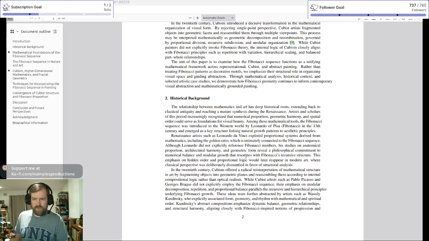In the 20th century, Cubism offered a radical reinterpretation of mathematical structure in art by fragmenting objects into geometrical planes while reassembling them according to internal compositional logic rather than optical realism. While Cubist artists such as Pablo Picasso and Georges Braque did not explicitly employ the Fibonacci sequence, their emphasis on modular decomposition, repetition, and proportional balance parallels the recursive hierarchical principles underlying Fibonacci growth.